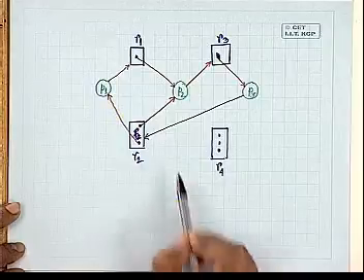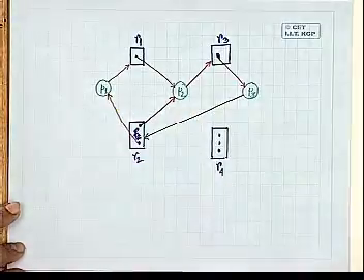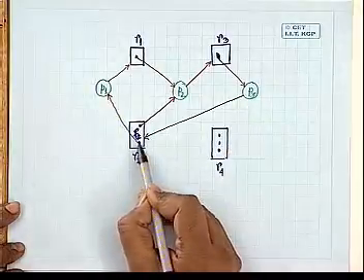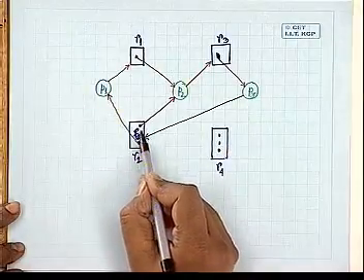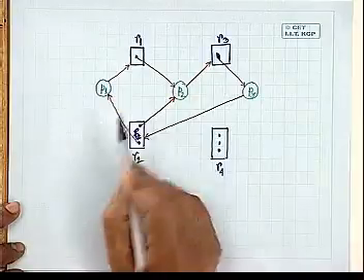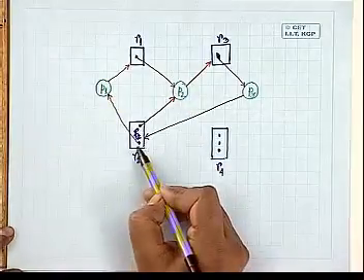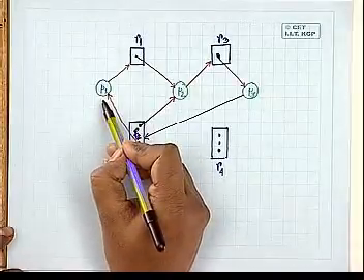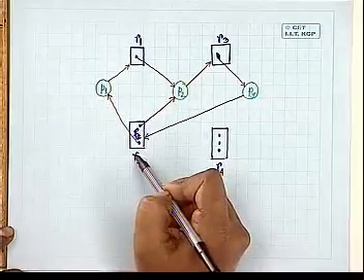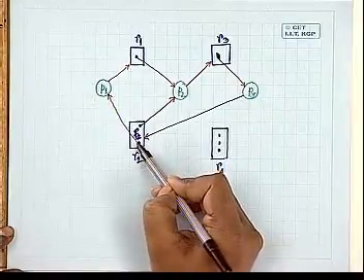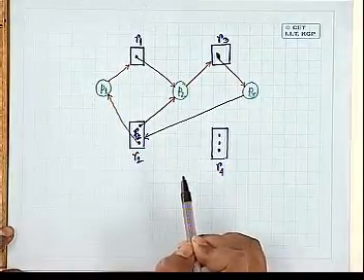Now find that this situation leads to a deadlock, because P3 is waiting for an instance of resource type R2 and both the instances of R2 are already allocated. One of the instances is allocated to P2, the other instance is allocated to P1. So none of the instances of R2 is available. So P3 cannot get one until these two are released by P1 and P2.